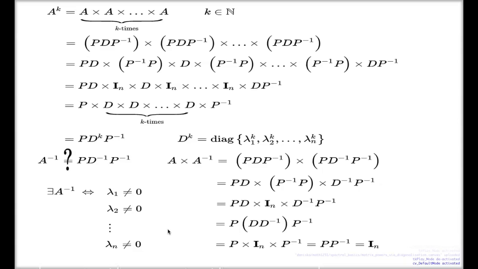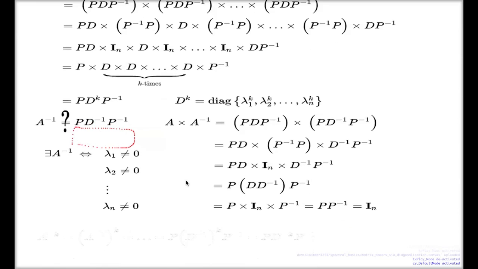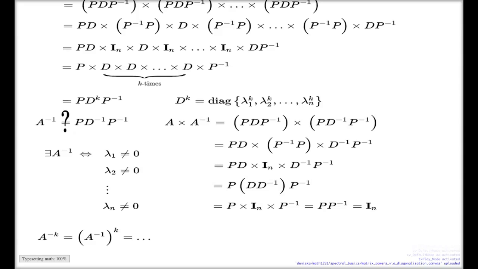And when the matrix is invertible, the last piece of this slide which I'd like to mention is that you can also compute the negative powers of matrix A in a similar way. Look at this. If you want to compute the negative power, A to the negative k, all you have to do is this. You have to make the comment that A to the negative k is simply the inverse of A to the positive k.